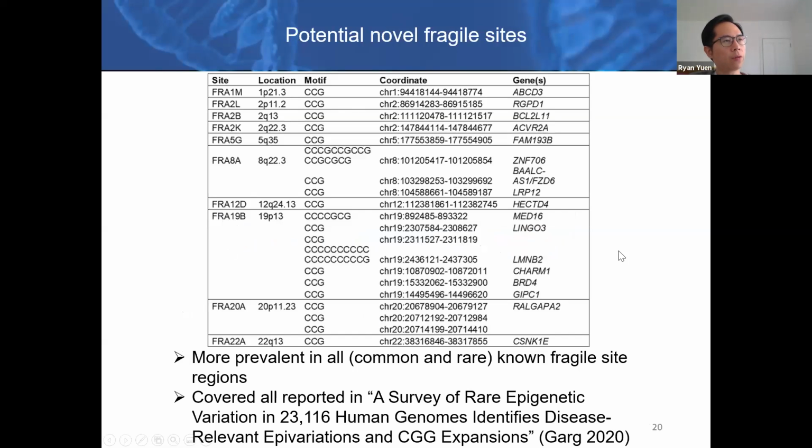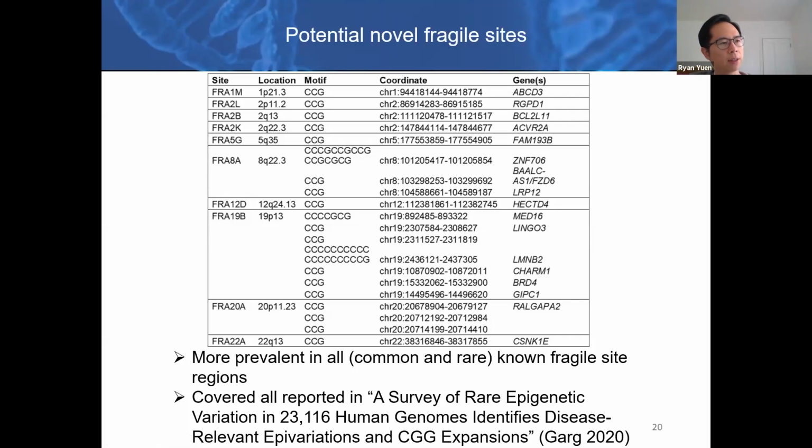Interestingly, if we focus on the ones that are GC rich, we found a list of regions that have been flagged as potential fragile sites but have not been mapped before. And when we looked at one of the latest papers from the American Journal of Human Genetics, and I know that the corresponding author also gave a talk in your seminar here, we noticed that the fragile sites we identified overlap almost all of the ones identified in that paper.